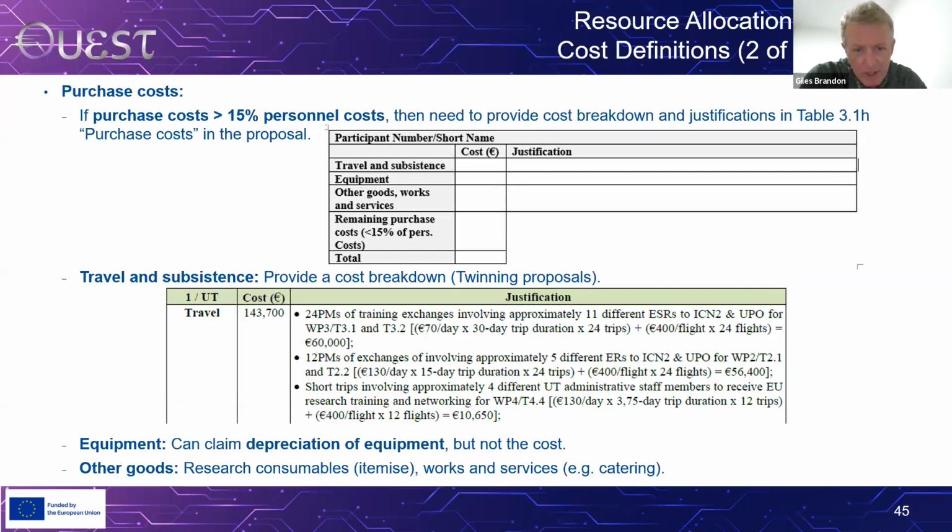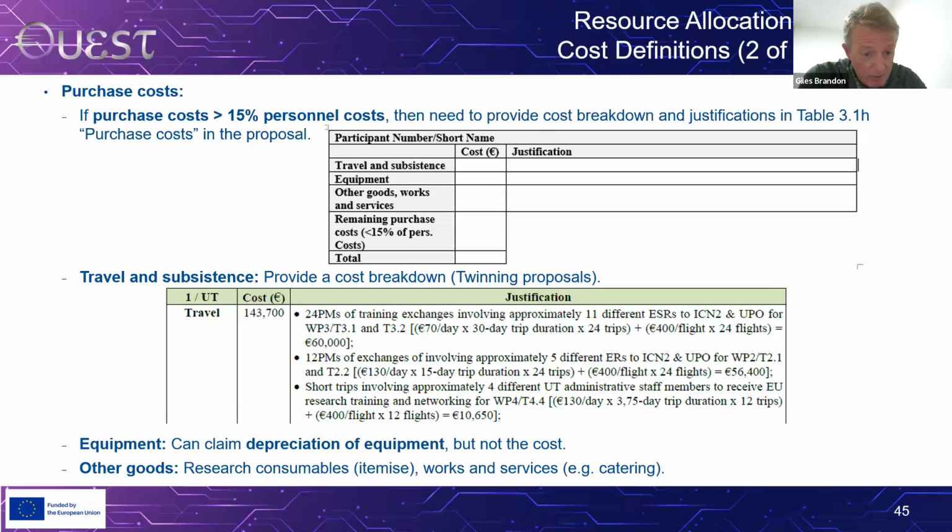So what you see here, this bit of table here, really went down into detail about how we calculate the costs for exchanges of early stage researchers and experienced researchers and administrative staff. And this is something that the Commission, the evaluators, certainly seem to like, certainly seem to expect.